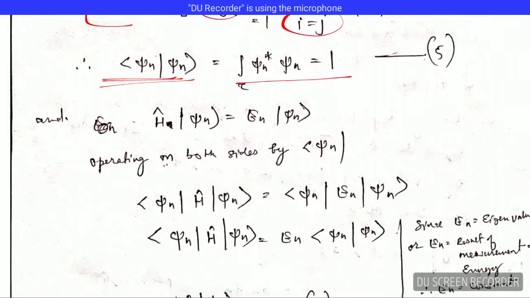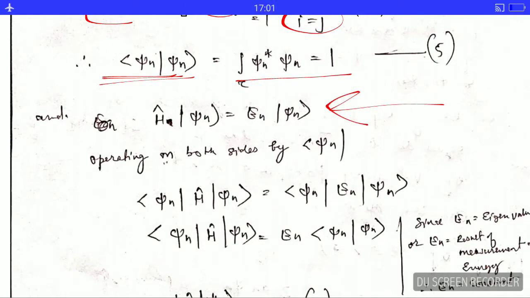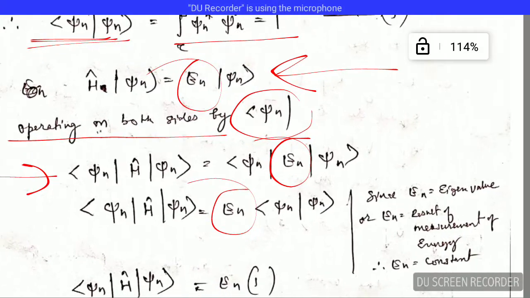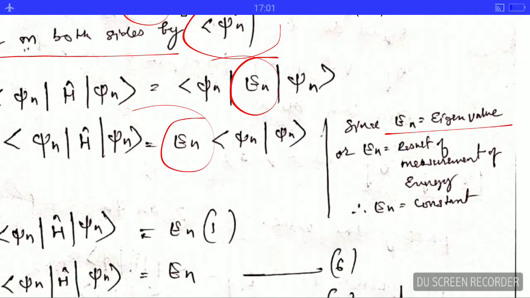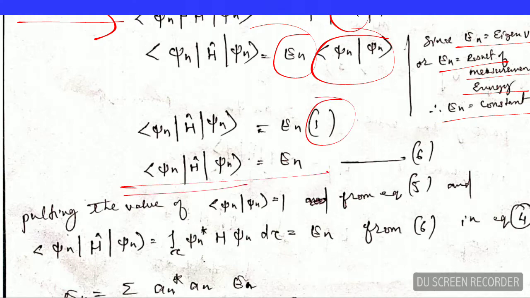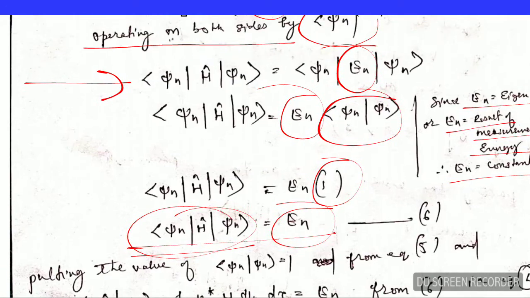If you operate on both sides by this bra, you will arrive at this equation. Now En is the eigenvalue, so it will come out because it is constant. En is the result of the measurement of the energy, so En is constant. It came out, but this is 1 as already seen because these are equal psi, so this quantity is equal to En.